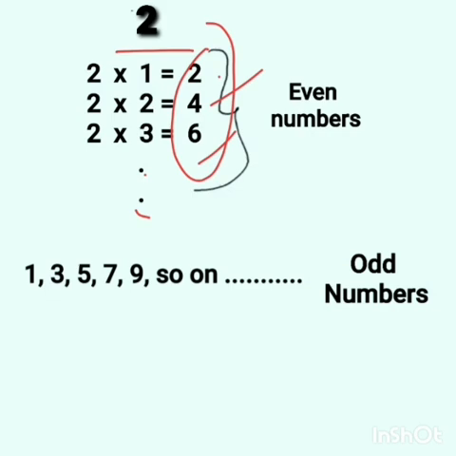And what about the numbers which are not multiples of 2? The numbers which are not multiples of 2 are called odd numbers, right? You can see the numbers 1, 3, 5, 7, 9 and so on are called odd numbers. So this concept of even and odd numbers is very important: multiples of 2 are even and non-multiples of 2 are odd. Got it?